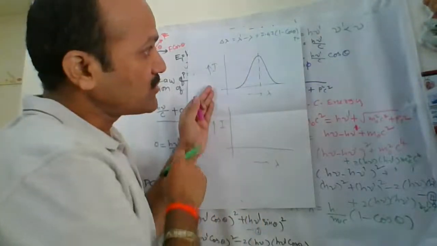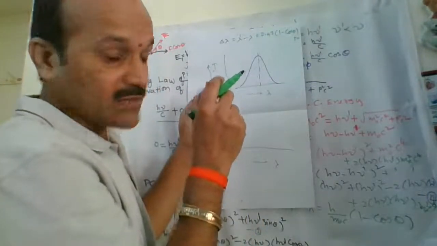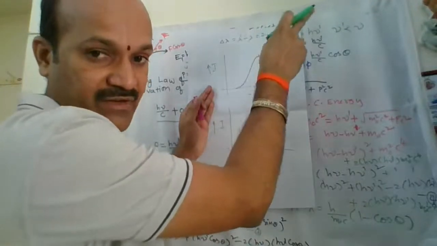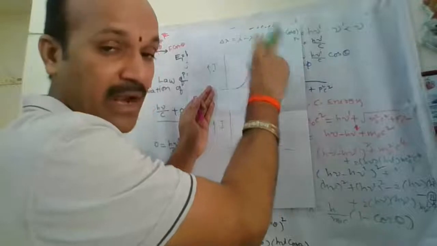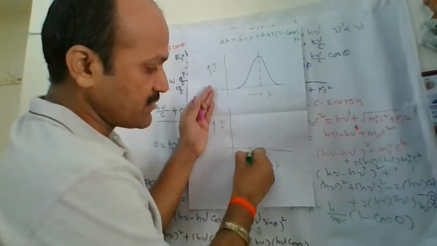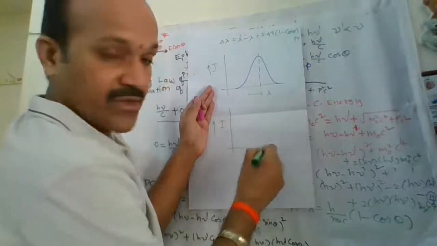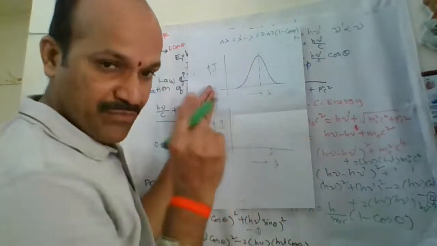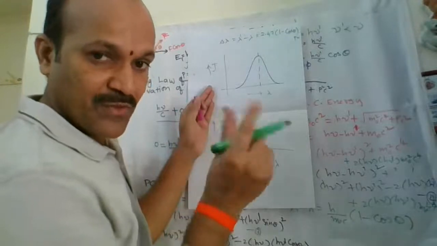Okay, so that many picometers distance is there. That means between lambda dash and lambda you have some difference. So lambda dash equals lambda plus that value. You have lambda here, and somewhere here you have lambda dash. Lambda dash is greater. That means there will be a shift between two peaks.